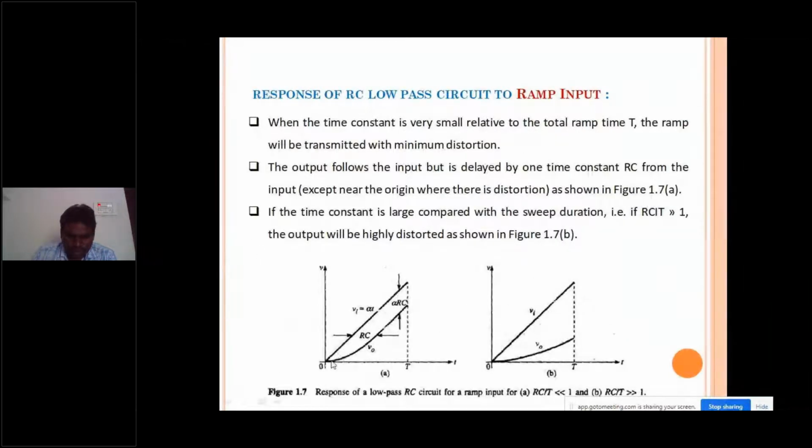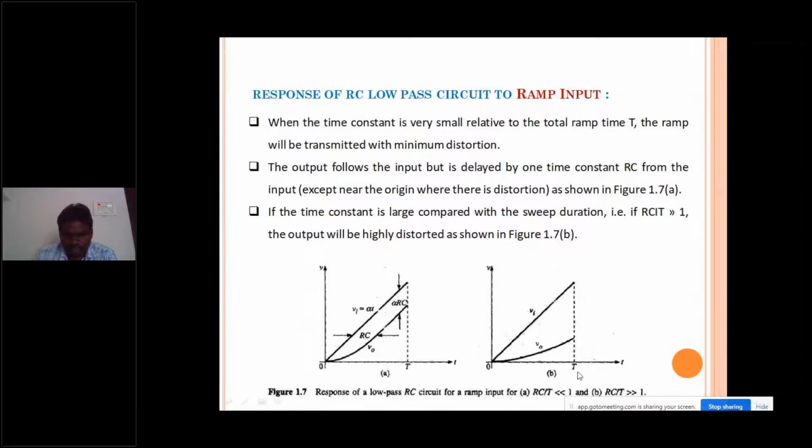As you go on increasing the time, the output wave is going to deviate from the ramp signal, and you are going to get it like this. So if you go on substituting different time values in that equation, you will get this expression.